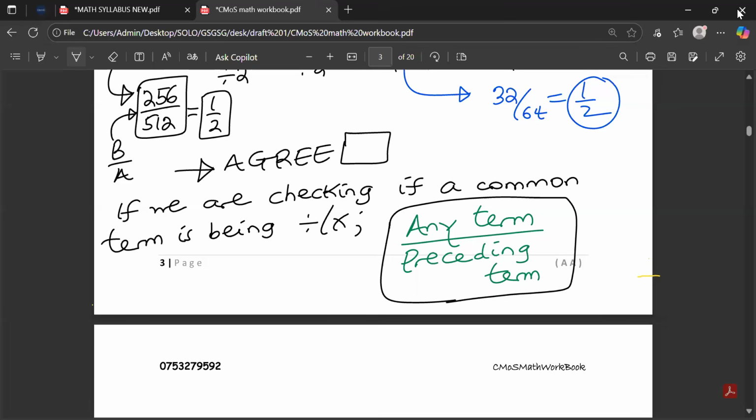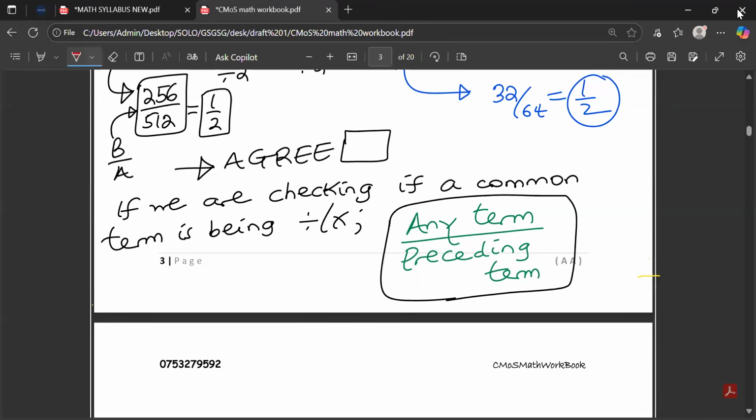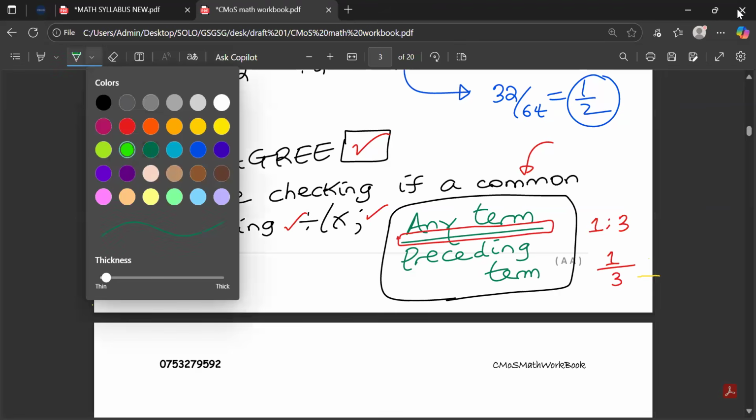Because it is something common that they are either dividing or multiplying, it is common. And because this time around we are having division, you all know that if I say 1 to 3, this is the same as 1 over 3.